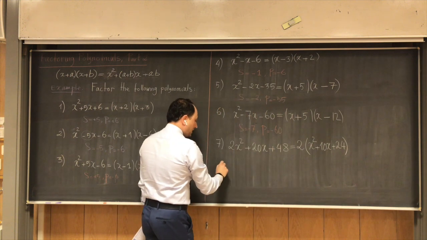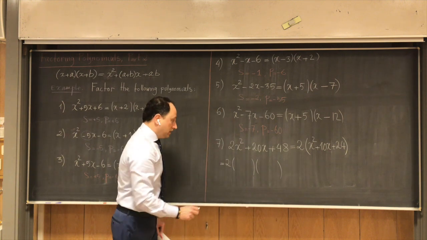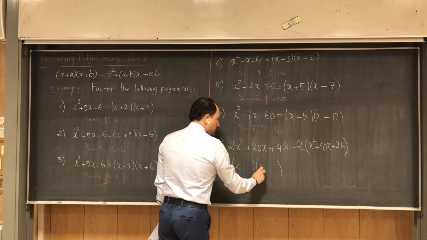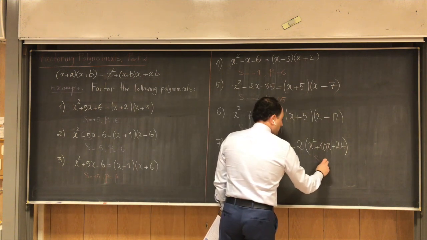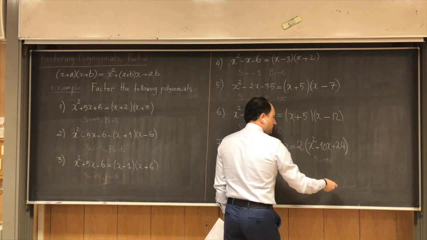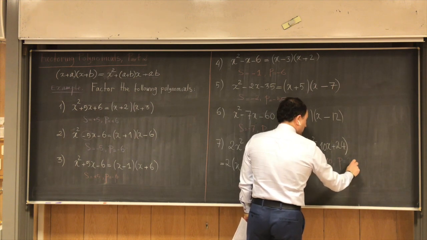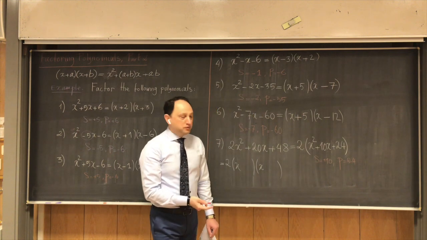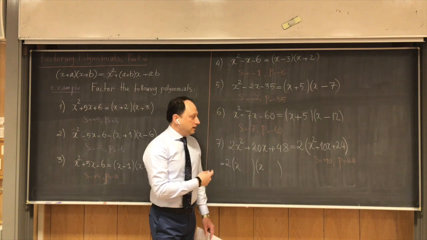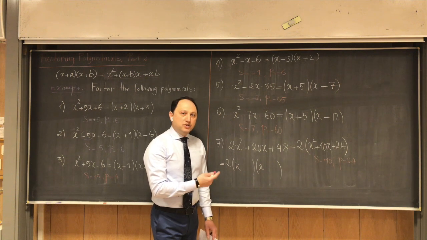If this is going to be solved using this identity, then I put x here and x here, and I ask myself, I need two numbers whose sum is positive 10 and whose product is 24. The product is 24, with no relation to 10. I don't know, 2 times 12, 3 times 8, and 4 times 6.